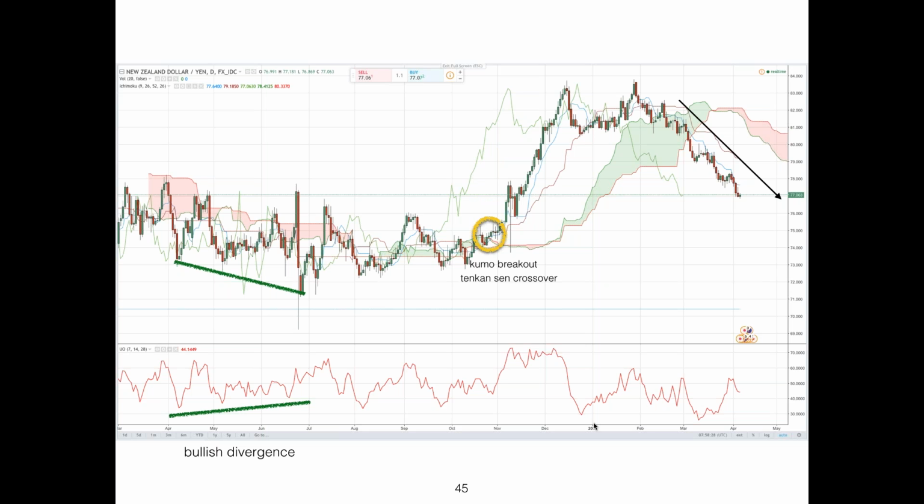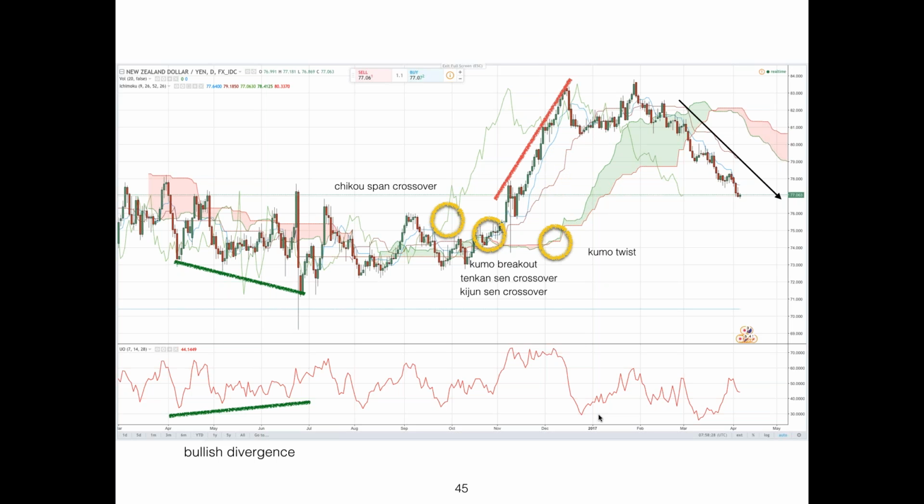There was also a Tenkan-sen crossover and a Kijun-sen crossover, as well as a Chikou span breakout. Prices started to trend upward. Now there's also a Kumo twist 26 periods ahead.